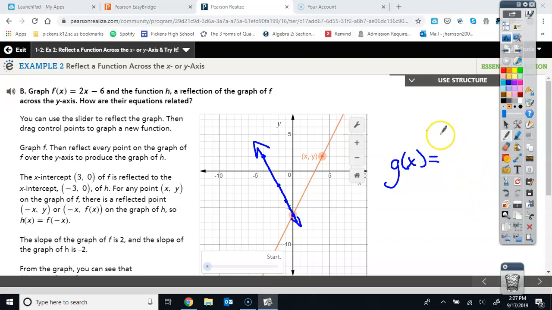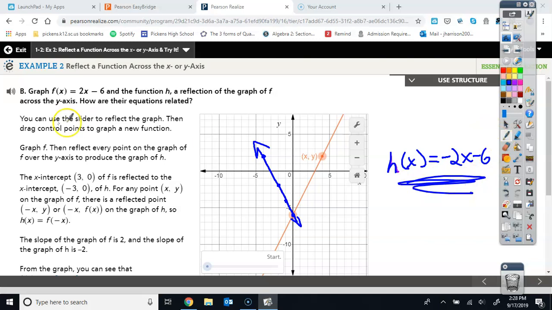Sorry, I just noticed that they use h of x in your textbook right here. Notice that this function, h of x, is negative 2 over 1, down 2 over 1, minus 6, because the beginning amount is negative 6.